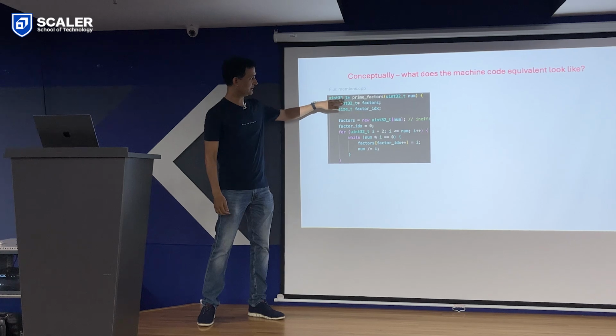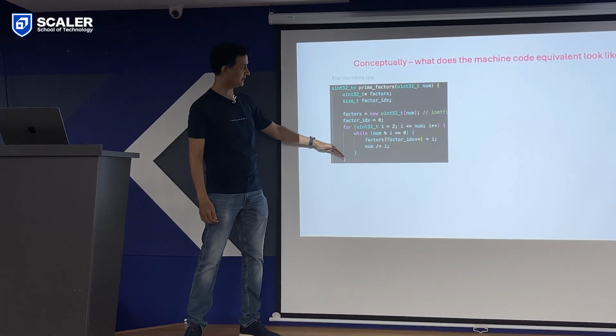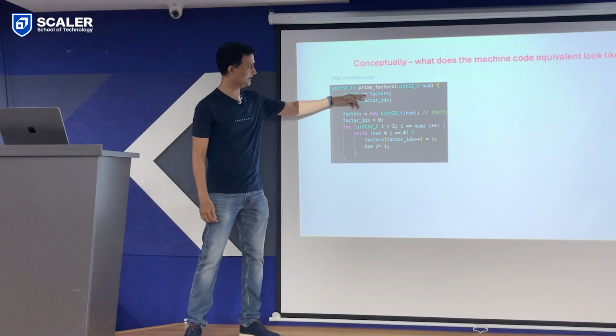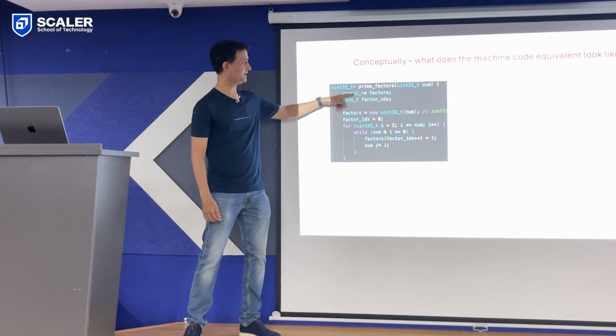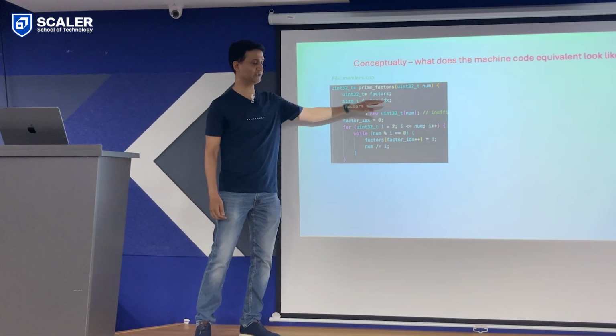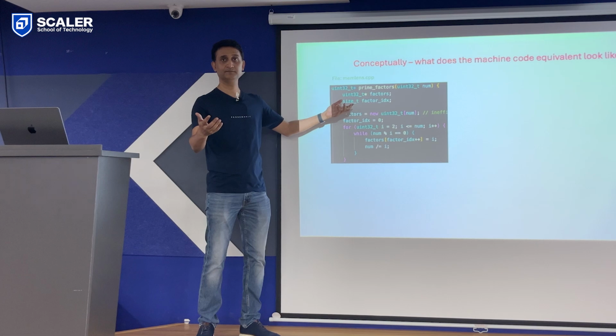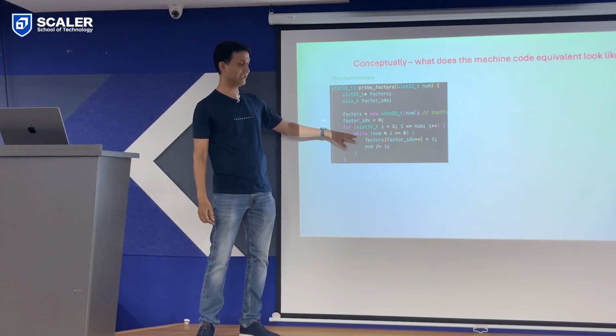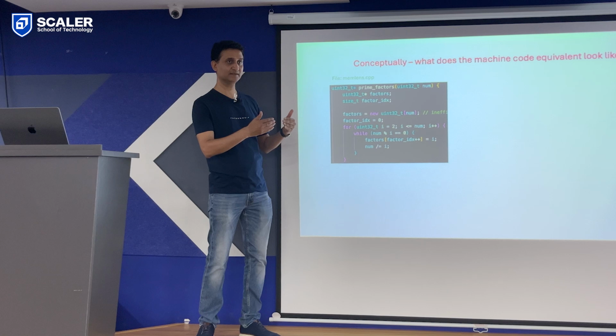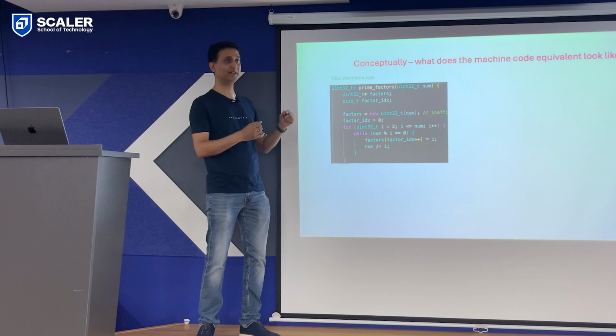Fundamentally, there is a bunch of logic in here and a bunch of data points. This is something that is pointing to data. Variables are data. We have a for loop, while loop, so there's a bunch of logic in here. A for loop, if you remember from our previous lecture, can be implemented via conditional jumps.